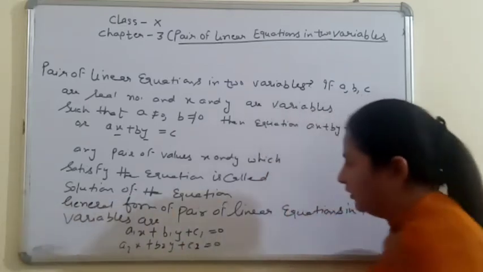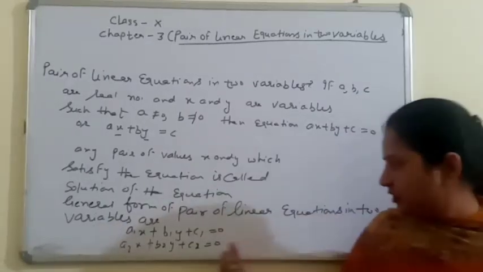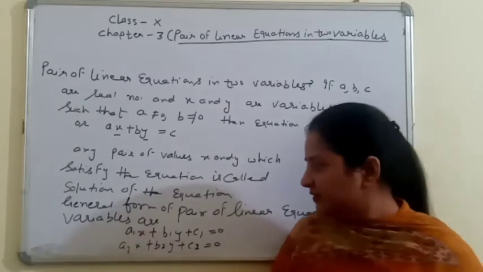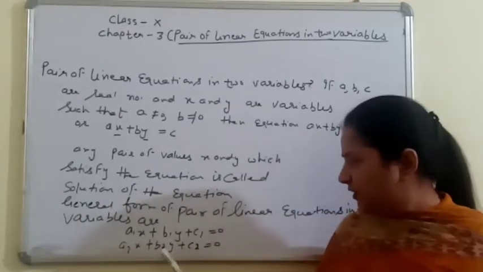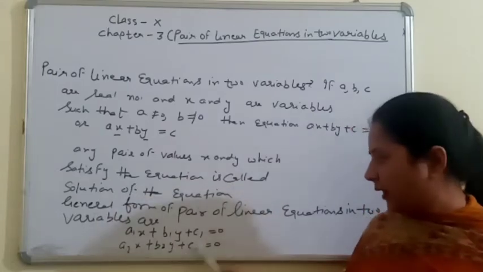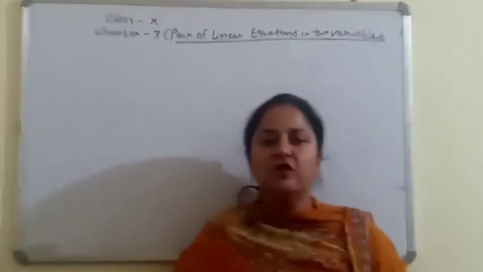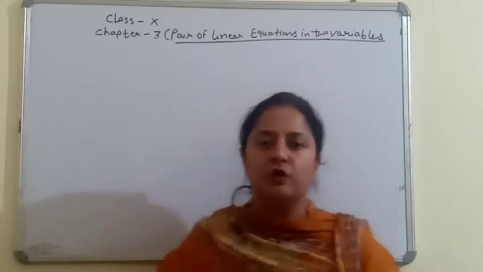These are the two general forms of the pair of linear equations in two variables. Here a1, b1, c1 are constants, a1 and a2 are the coefficients of x, b1 and b2 are the coefficients of y, and c1 and c2 are the constant values. Yes students, I have already told you the values of x and y which satisfy the equation are called the solutions of the equation.